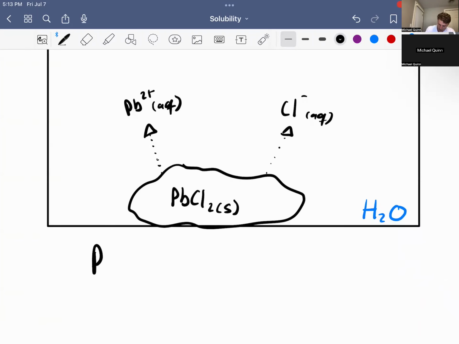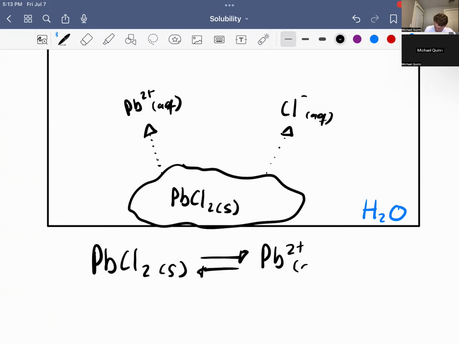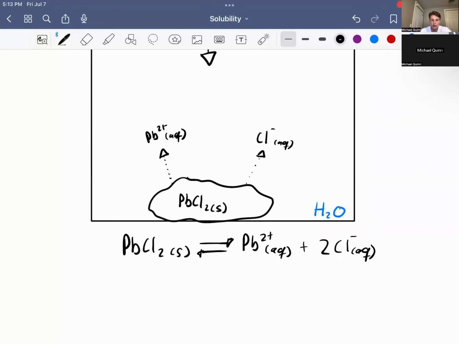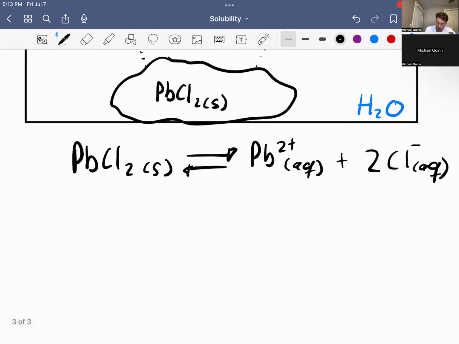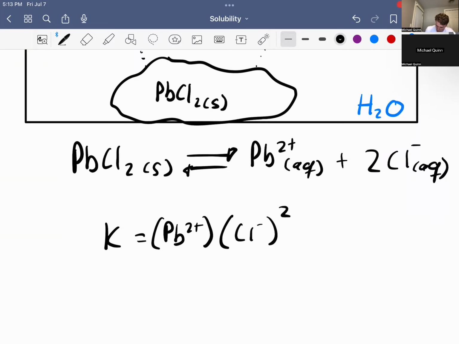So to write the equilibrium reaction, we're going to write PbCl2 solid dissolves into lead ion and chloride ions. And if we want to write our equilibrium expression for this reaction, it is the concentration of lead times the concentration of Cl minus squared.